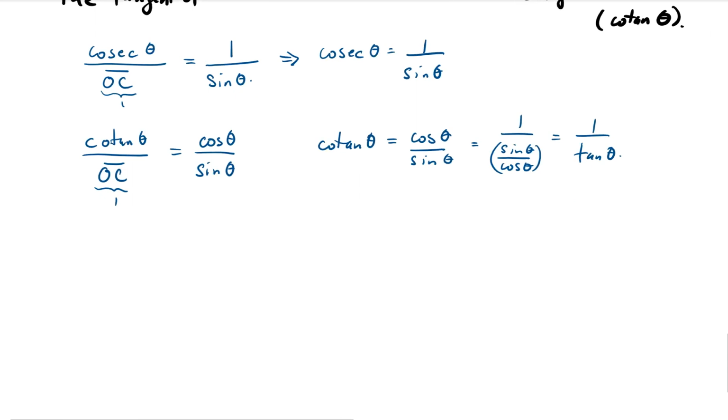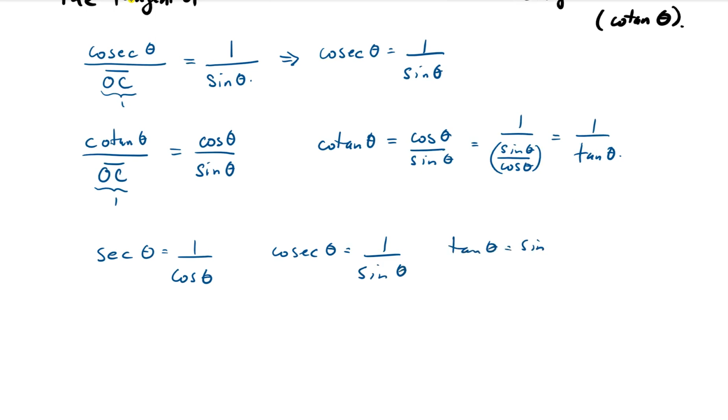So to summarize everything, what do we have? We have sine, cosine. We've got secant of theta, that's 1 over cosine. We've got cosecant of theta, that's 1 over sine. We've got tangent, which is sine over cos.